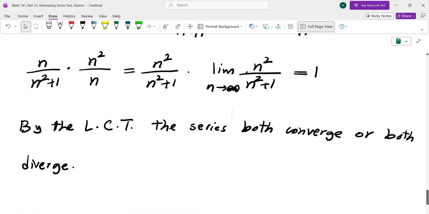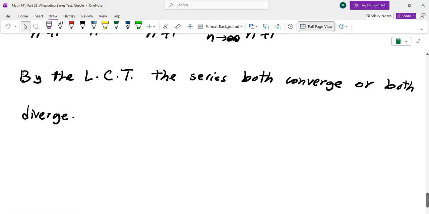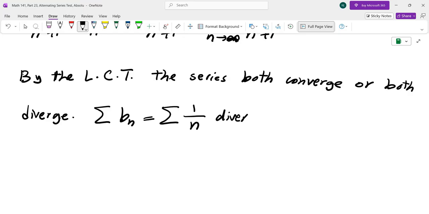So now, how do we know if Bn converges? Let's look at the sum of Bn. Sum of Bn is the sum of 1 over n. This diverges by the p-test because here p is 1.